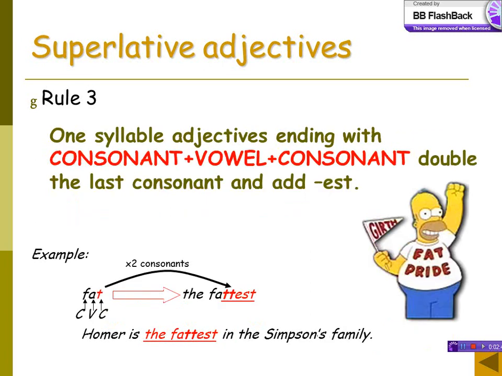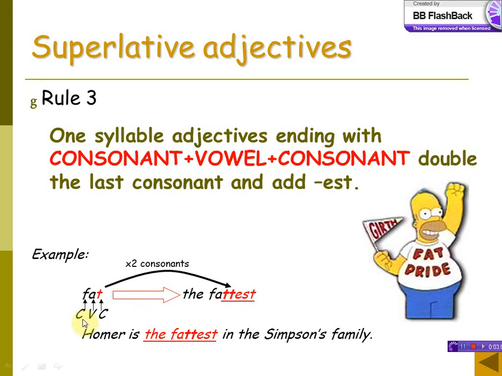It's related to the one-syllable adjectives ending with consonant plus vowel plus consonant. We have to double the last consonant and add est. Let's see. Can you see the word fat? Yes. It has consonant, vowel, consonant.